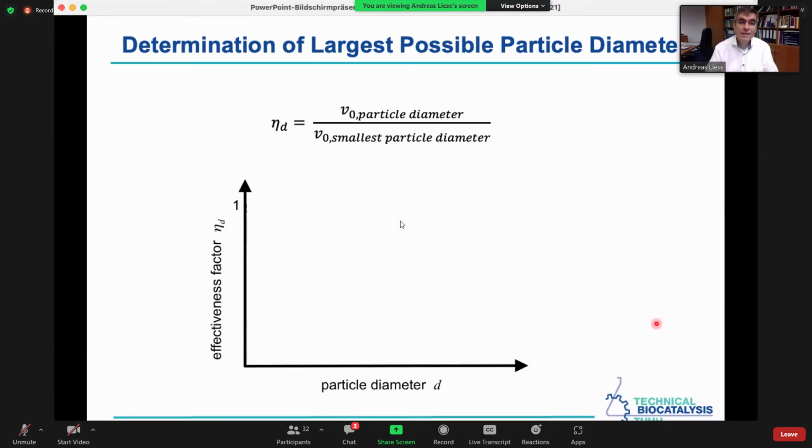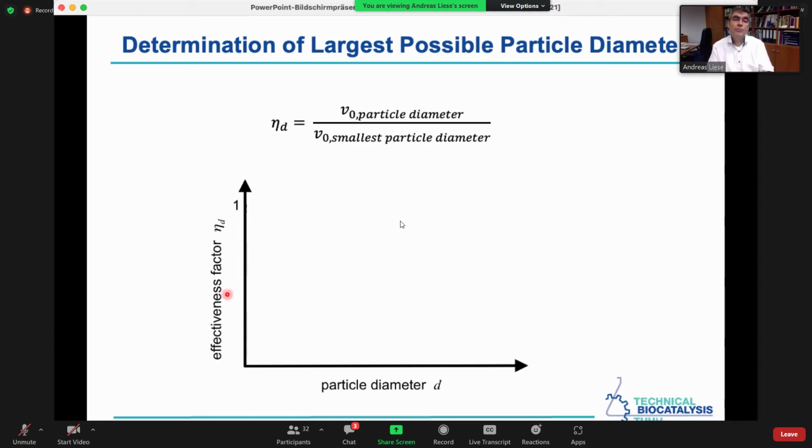Now we plot the particle diameter. Let's say we had these 5 diameters in the differential rate reactor. Once again, we define an effectiveness factor, but this is different to the stationary effectiveness factor, which was in relation to kinetics, if you remember, and to the operational effectiveness factor, which was in relation to the time needed to reach 90% conversion.